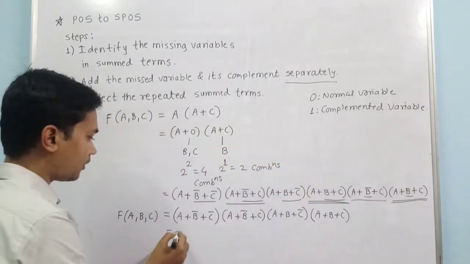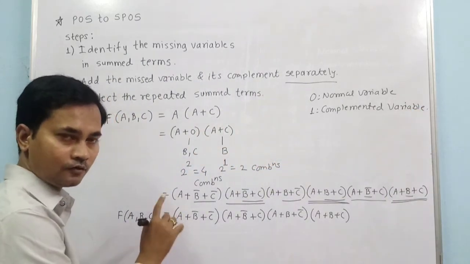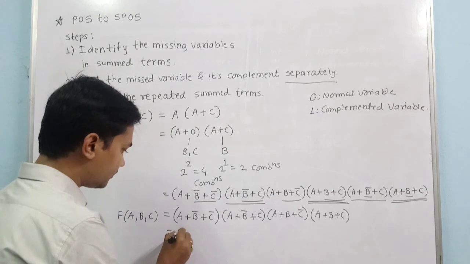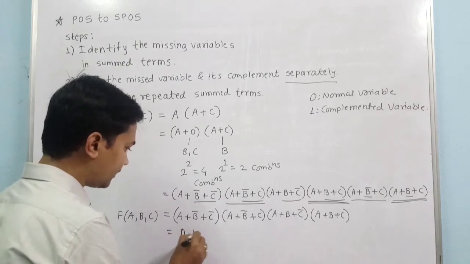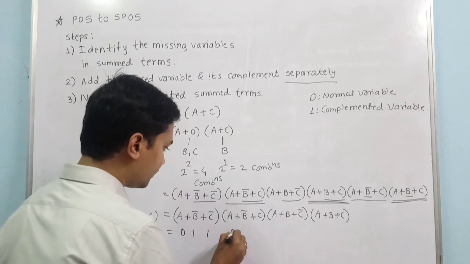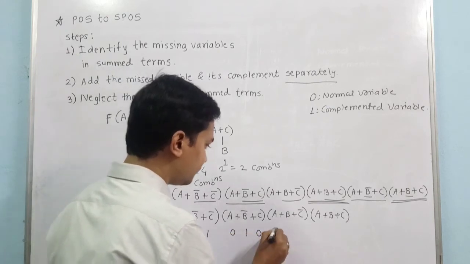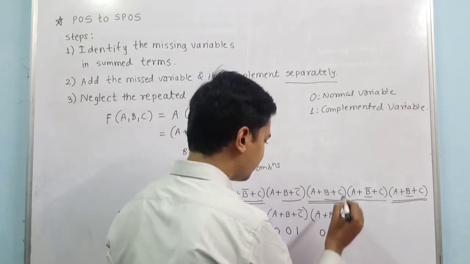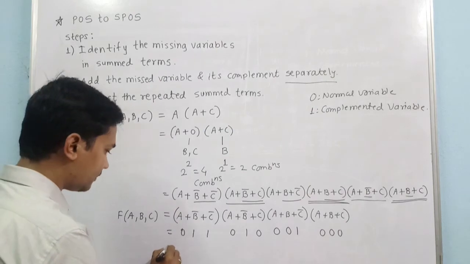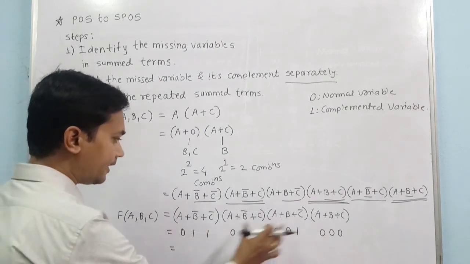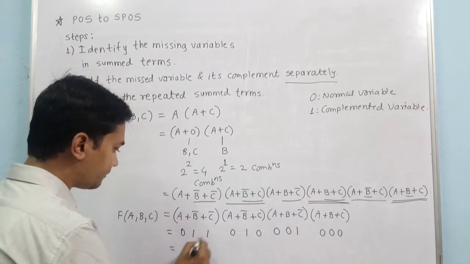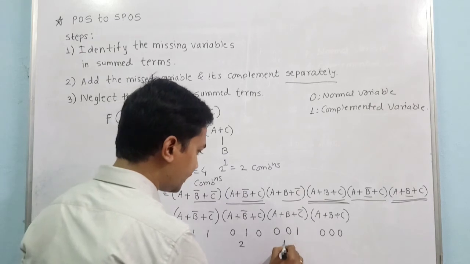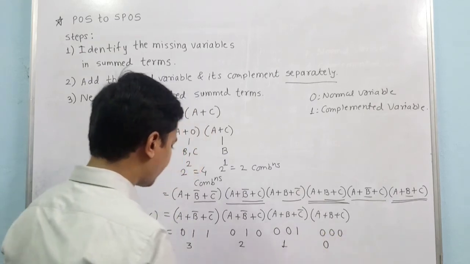So here 0 1 1, 0 1 0, 0 0 1 and 0 0 0. Now find the decimal value of these 3-bit binary values. 0 1 1 means 3, 0 1 0 means 2, 0 0 1 means 1 and 0 0 0 means 0.